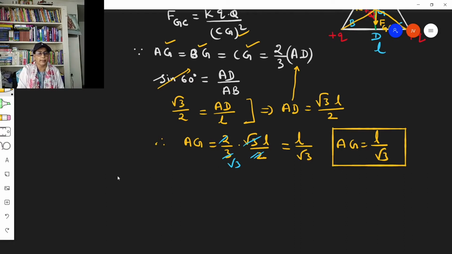And finally, we can write force due to charge at G on charge at A. Because all the denominators are same, numerators are also same, so all these three forces are equal.